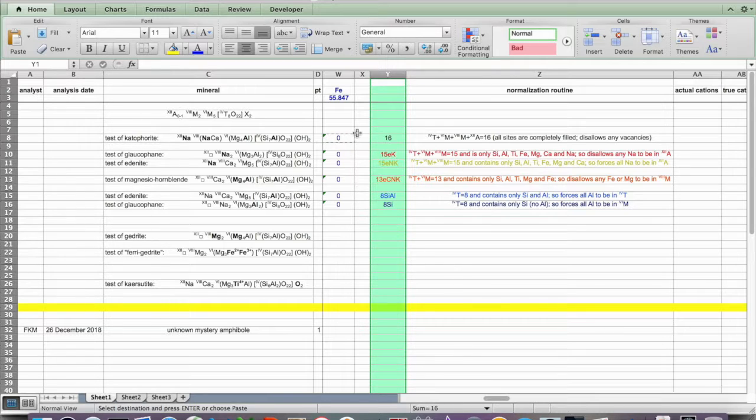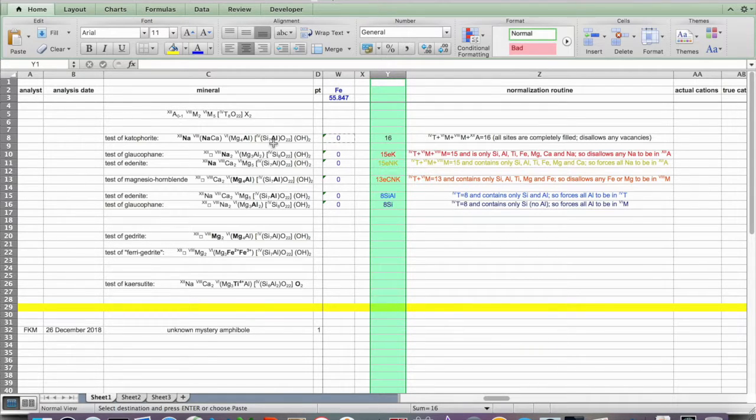Okay, we'll just quickly go through the rest of the list here. 15 excluding potassium. What that is, is that we have the tetrahedral site, the 6 coordinated site, and the 8 coordinated site all equal to 15. So you can see that it's the T, the 6 coordinated M, and the 8 coordinated M, and we're ignoring the alkali site.